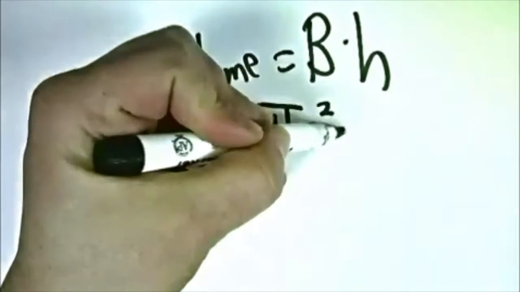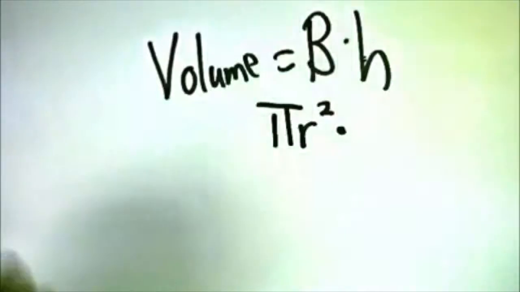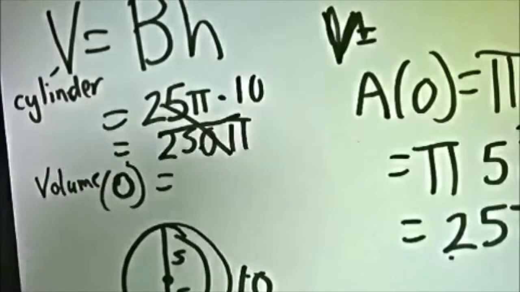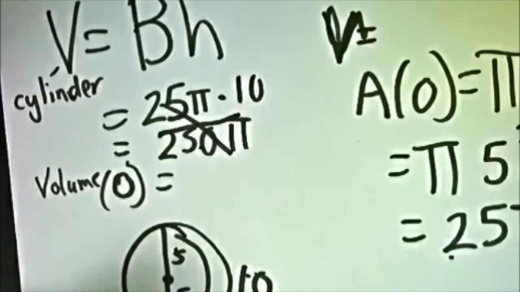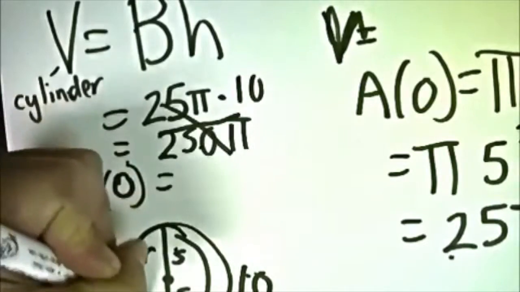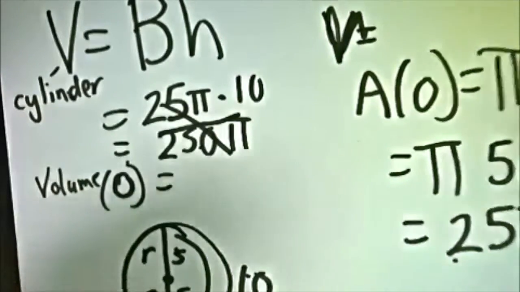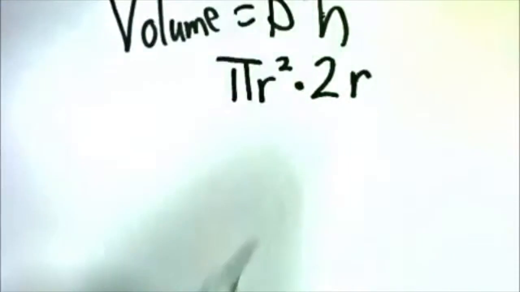Pi r squared, and then the height was the 2 radii, and now I only want 2/3 of that total amount because the sphere was 2/3 of the cylinder.